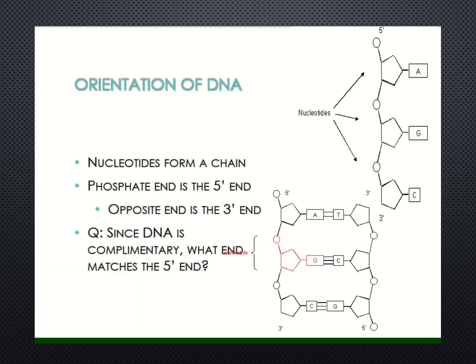And DNA also has a very specific orientation. Nucleotides will form this chain here, and the phosphate end, here's our phosphate, is 5', and the opposite end is 3'. So if DNA is complementary, what end is going to match the 5' end? Here's our 5', and if we go across, it matches the 3' end.